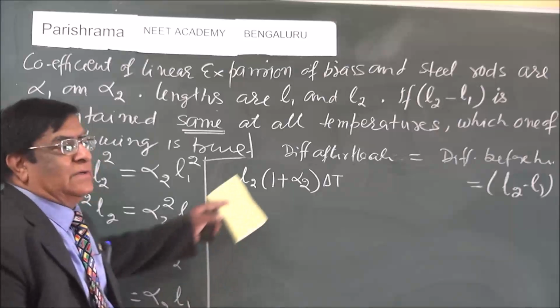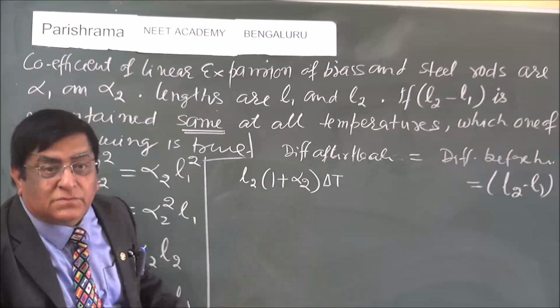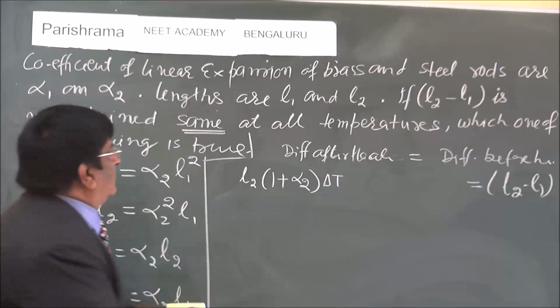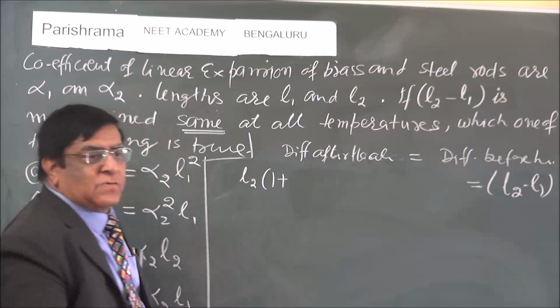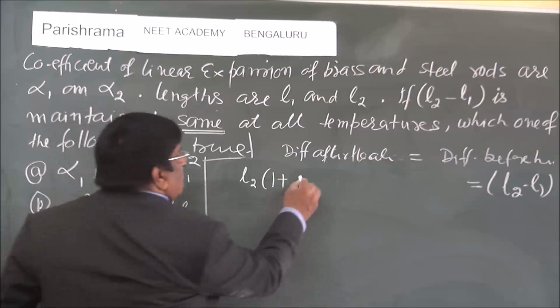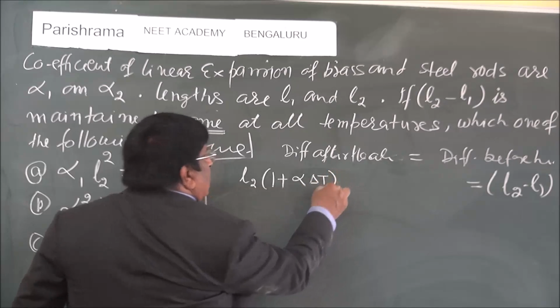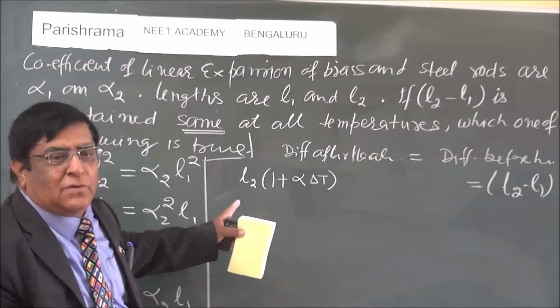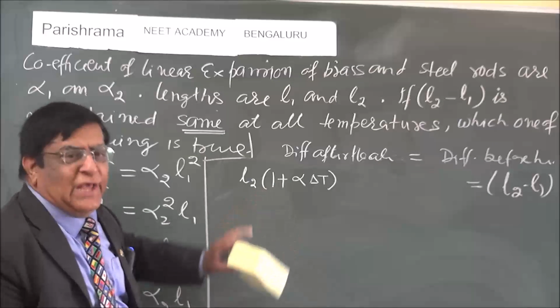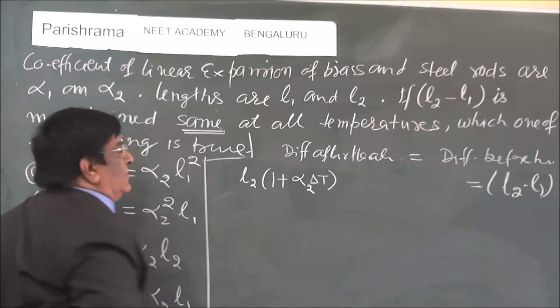This is what? Expansion. What should I write? Alpha into delta T. Is this right? Yes, this formula is okay. Alpha value is how much? Alpha 2.